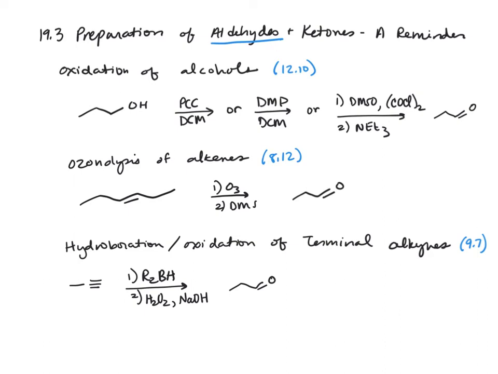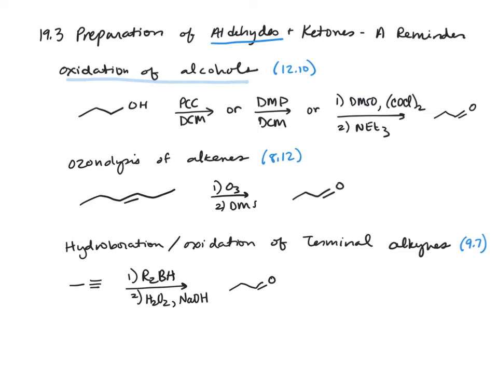When you prepare aldehydes and ketones, these 2 next slides are a reminder of what you already know. This slide discusses preparation of aldehydes. The first way to prepare an aldehyde is to oxidize an alcohol, and we can do this using PCC, DMP, or COCl2. These are from chapter 12.